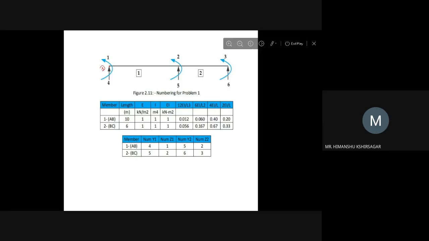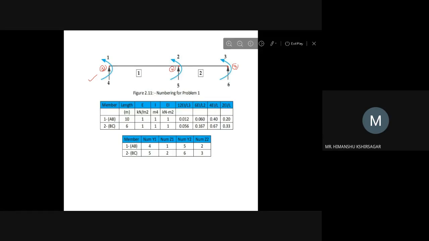Here we can give node 1, node 2 and node 3. So either you can show it in this way also, or whatever I have shown in the first slide, that way you can do it. In the same step, after plotting a skeleton diagram, you have to prepare a table to find out the stiffness coefficients.